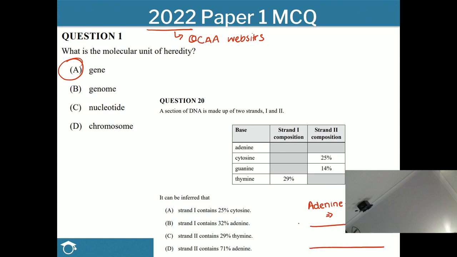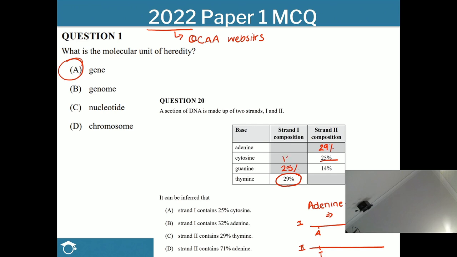So this is strand 1, this is strand 2. If I have a thymine here, it's going to be bonded to an adenine on the top half. So if I've got 29% thymine on strand 1, that means 29% adenine will be featured on strand 2. Similarly, 25% of cytosine will correspond with the same amount of guanine on the other side. So guanine on strand 1 will be 25%.